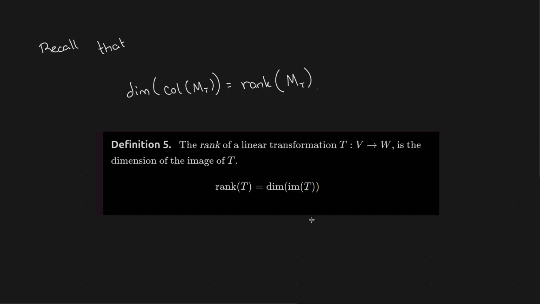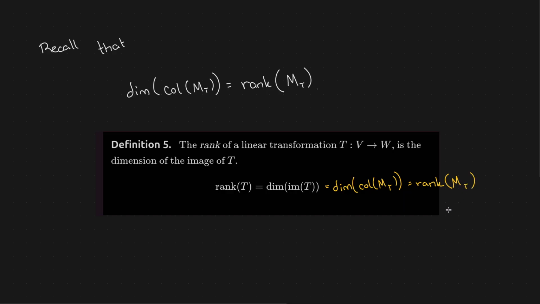Okay? Now, if transformation T is a matrix transformation, then these two definitions are equivalent. Okay? In the special case where the transformation is a matrix transformation, then the image of T is the same as the column space of the standard matrix of T. So the dimension of the image of T would be the dimension of the column space of the standard matrix of T. Okay?